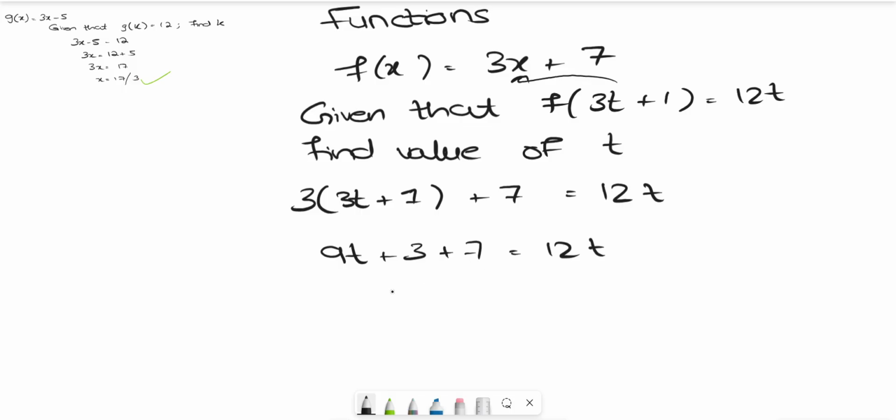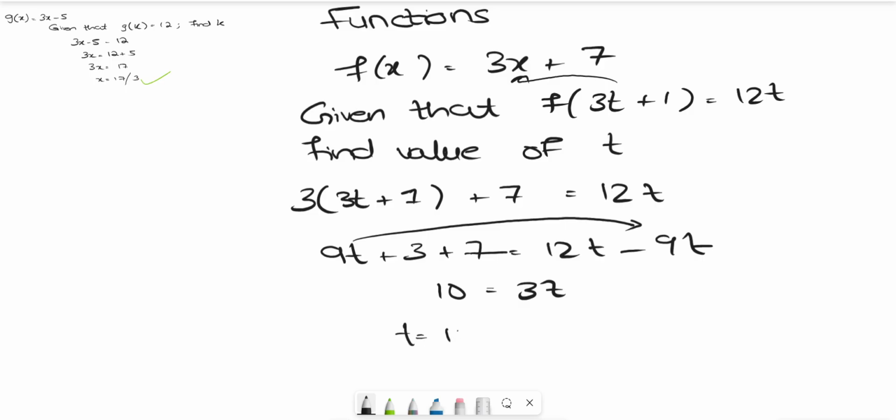Let's make our work easier. Let's add 3 and 7 here, which becomes 10. And if we shift 9t to this side of the equation, we'll get 12t minus 9t. It's going to be 3t, and subsequently t will be 10 upon 3.